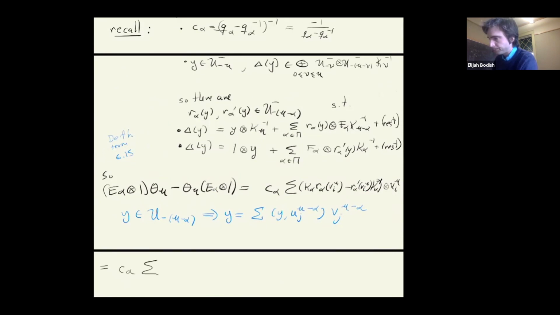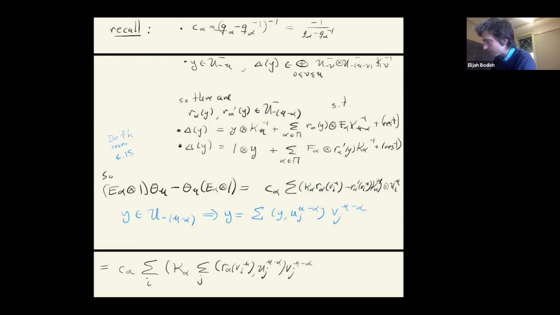I have a sum over I, K alpha, I sum over J. I'm using my pairing. This is R alpha of vi mu, uj mu minus alpha, vj mu minus alpha.